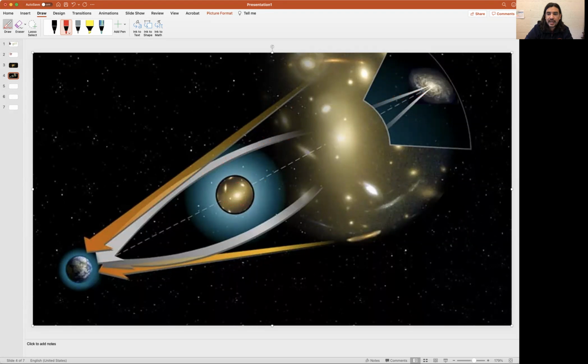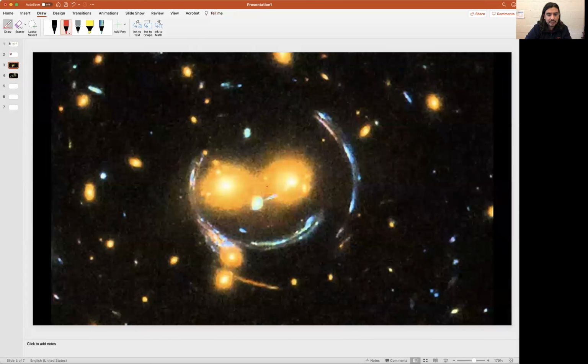So we would see that this object looks like it's actually different objects, and this bending of the light due to the massive object passing the light nearby gives us something that now looks like the Kool-Aid man over here. So this is not two stars or the eyes of the Kool-Aid man. It's actually one single galaxy.